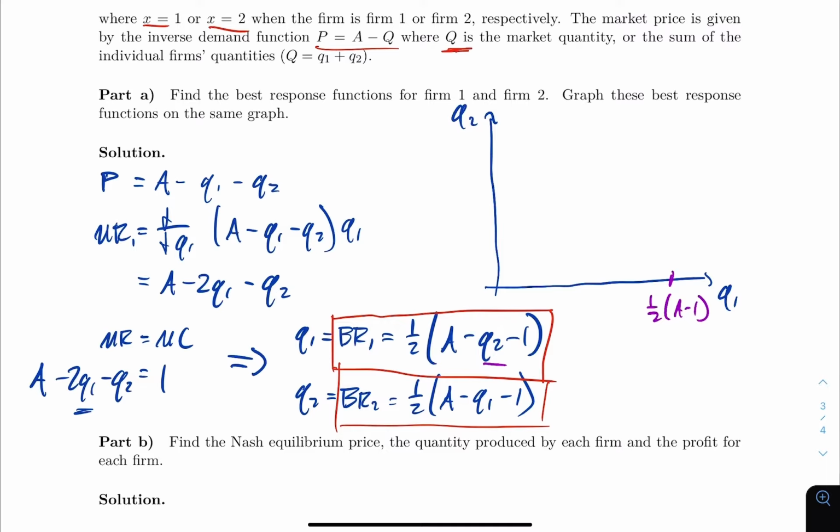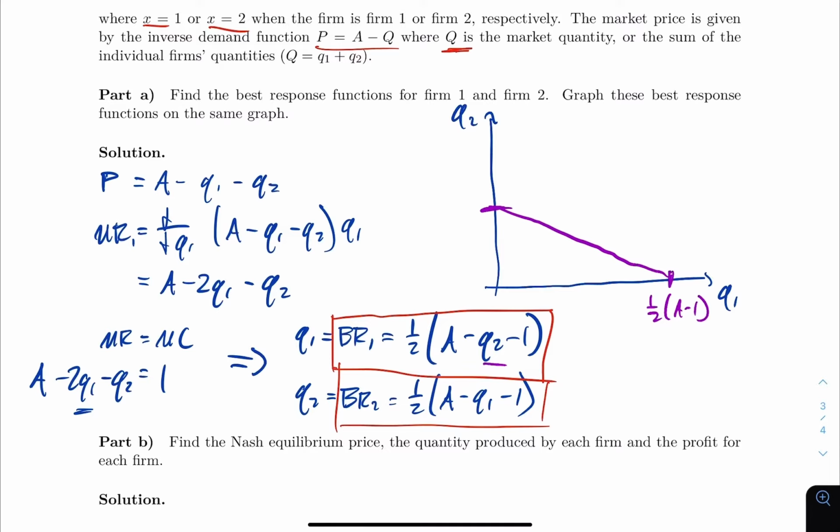And as we increase Q2, it looks something like this. We can find this intercept here by setting quantity 1 equal to 0.